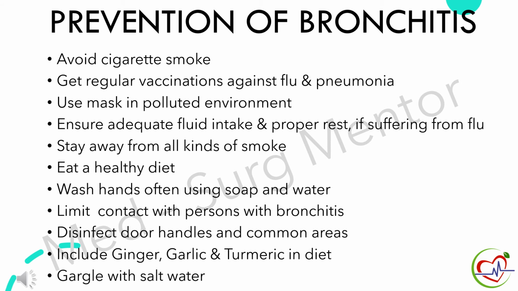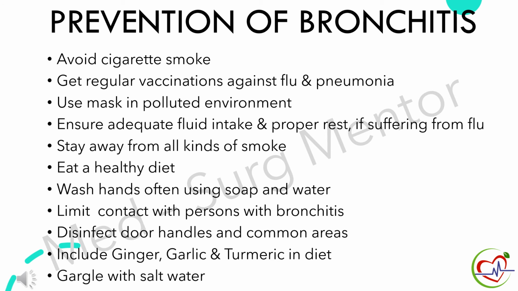Let's see some of the preventive measures of bronchitis, and they are: avoid cigarette smoke, get regular vaccinations against flu and pneumonia, use a mask in polluted environments. Ensure adequate fluid intake and proper rest if suffering from flu. Stay away from all kinds of smoke.